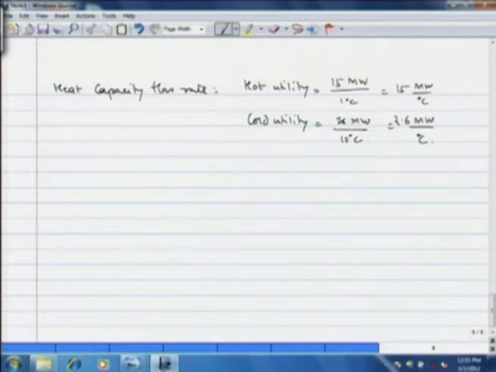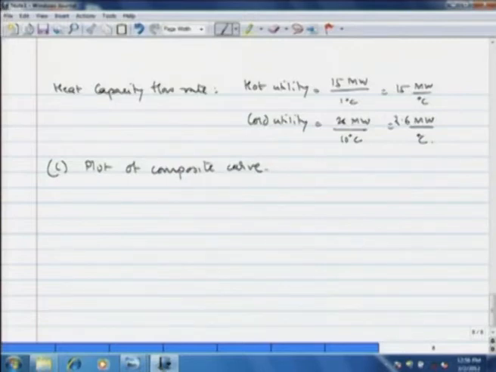Now in the third bit we have to plot the composite curve. Here we have to calculate the cumulative enthalpy of different streams. Okay. Now we have total 3 hot streams and 3 cold streams, out of which 2 are process and one is utility each.